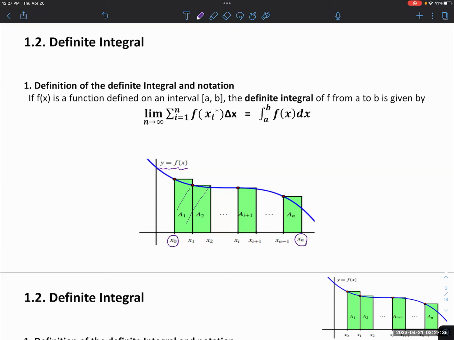Everybody knows this is not a circle, not a rectangle, not a triangle. This is not a regular shape that we have learned so far. It's a very irregular shape, with a little bit of a curve here, and it's difficult to find.